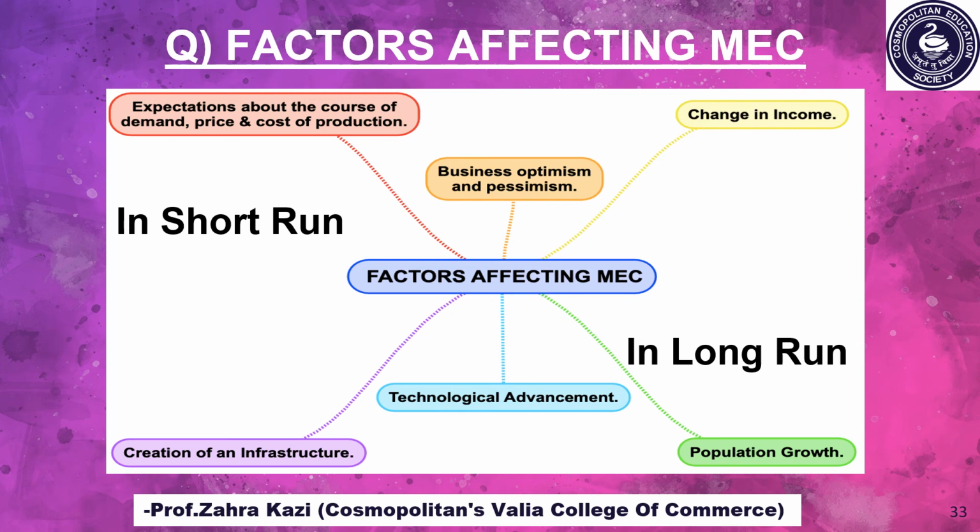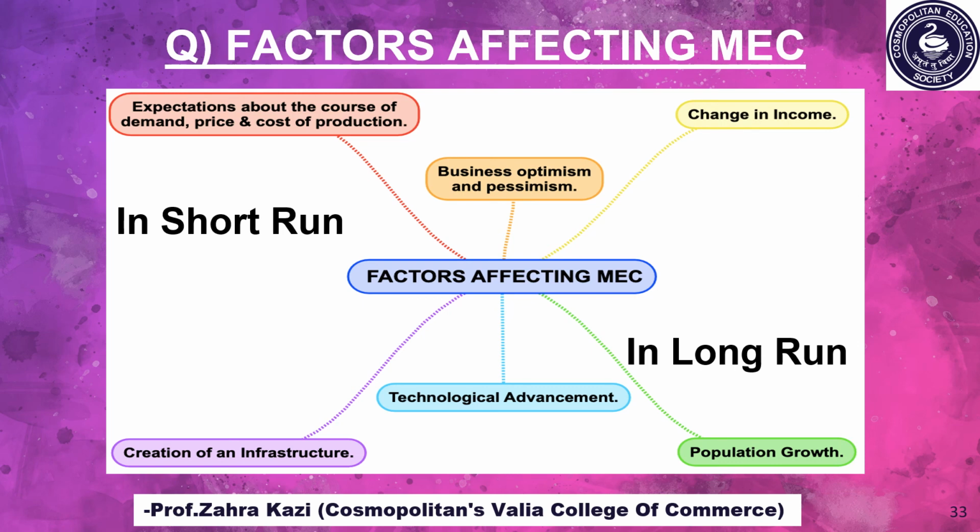The very first one is population growth. In an overpopulated country, a rise in population shows widespread poverty. Thus, this has an adverse effect on the MEC. Therefore, if we need to increase investment in an overpopulated country like India, population control becomes necessary.